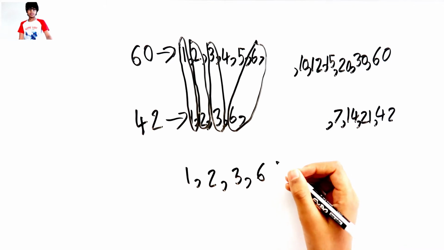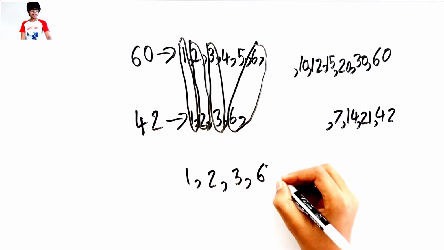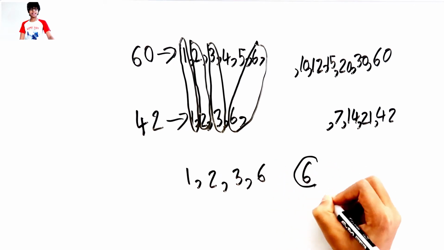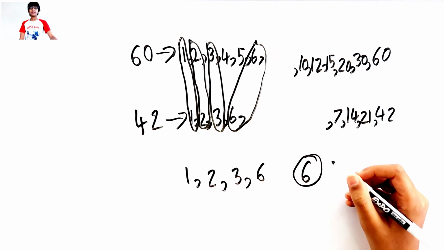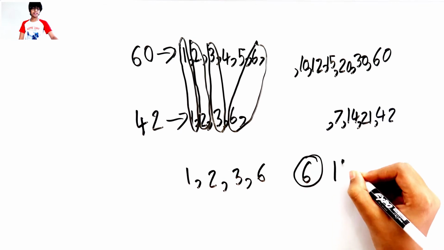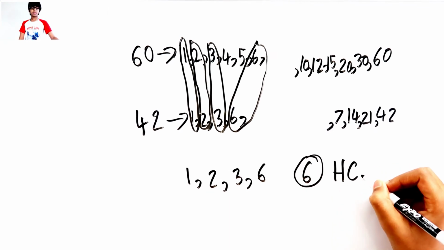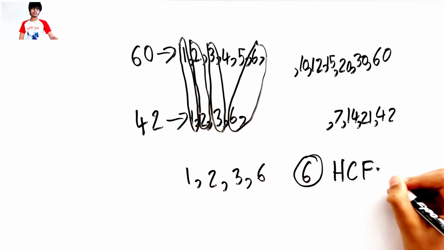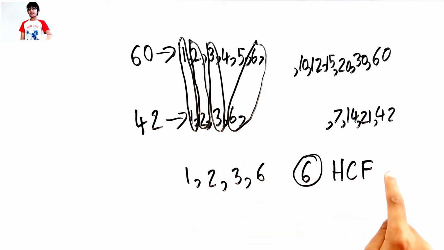So, now, the highest common factor is 6. That means the highest common factor of 60 and 42 is 6. You see again, this method is taking a long time again. Let's try the other method.